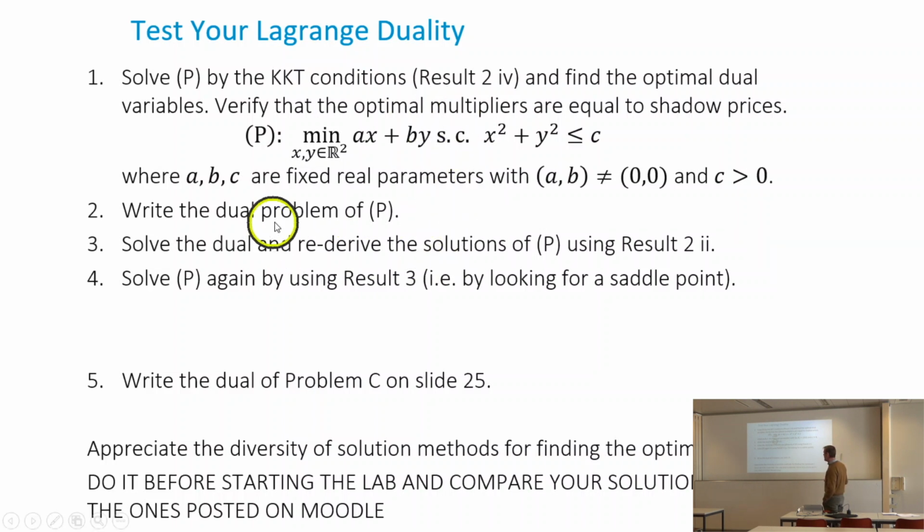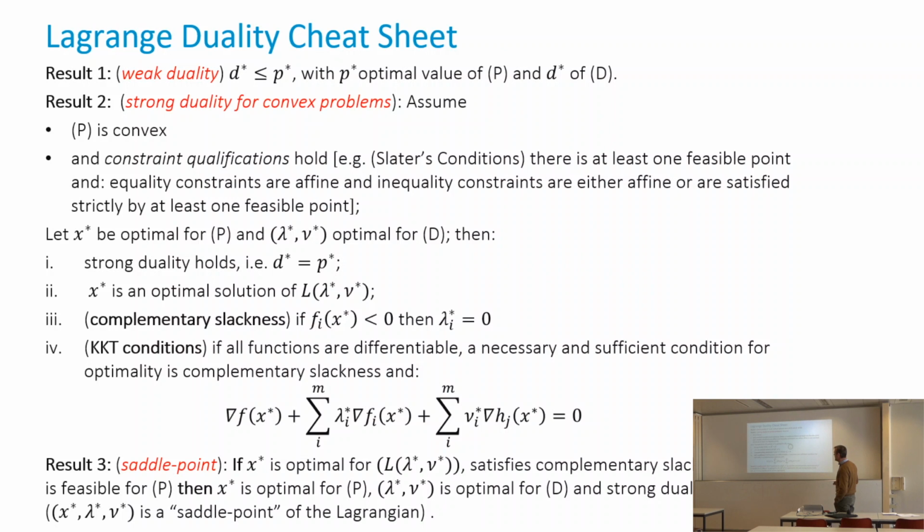Now once you've written the dual, you can solve it and rederive the solution of the problem by using result 2i, which is this one here, right? If I solve the dual and strong duality holds, then the two have the same optimal value. And also, they are related.